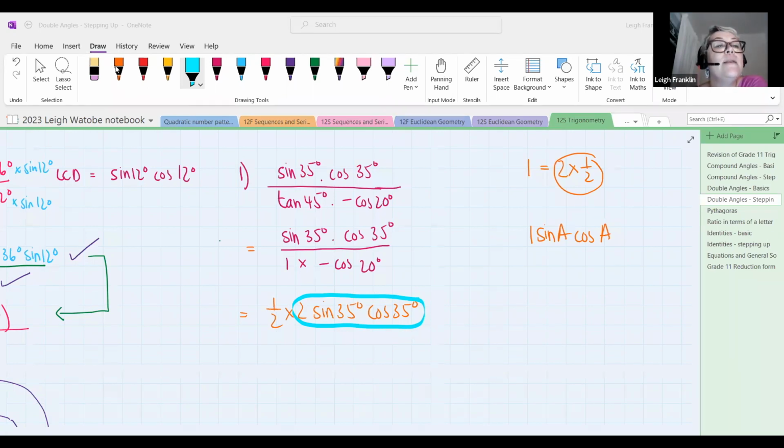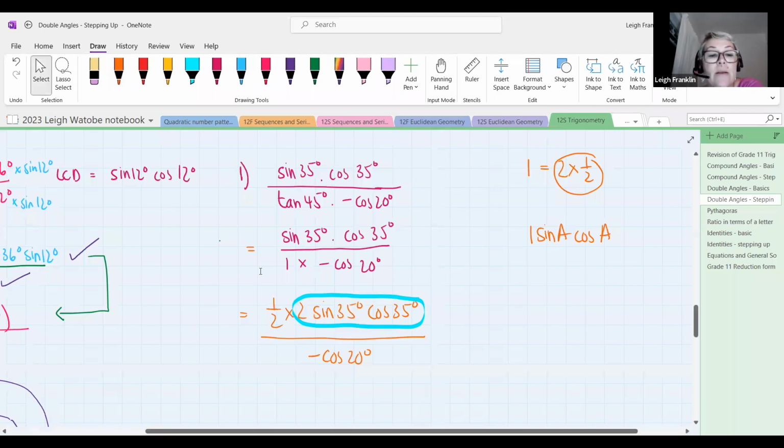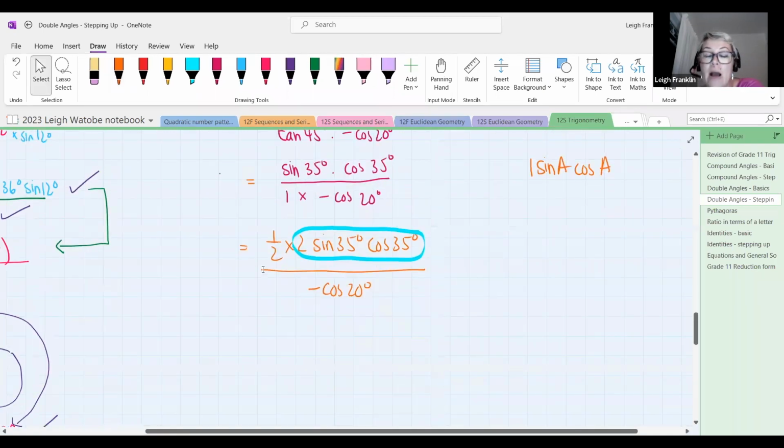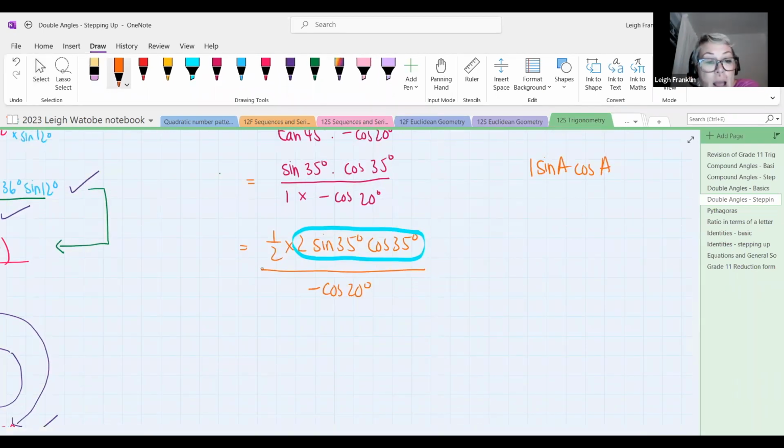All right, so now let's keep going. Then at the bottom, we've got negative cos 20. So in our next step, we're going to apply our double angle formula, and we're going to end up with 1/2 sine 70. Okay, and then what we are doing over here is we are saying that the cos of 20 is the same as the sine of 70.